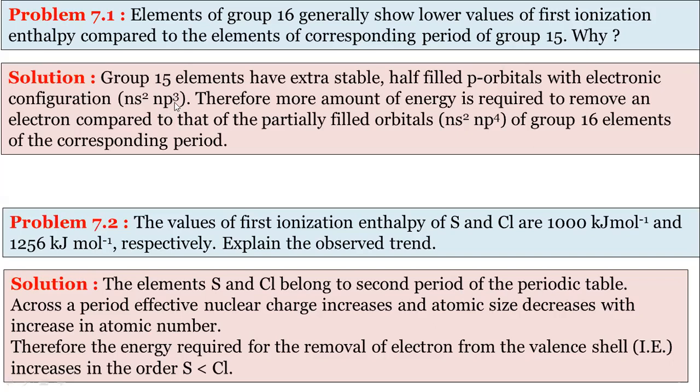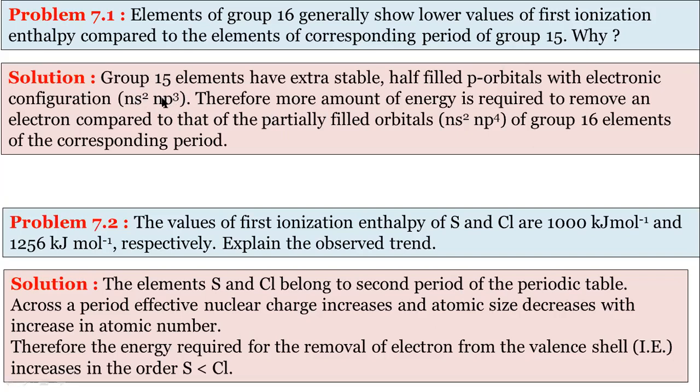So due to these half filled p orbitals, group 15 elements get extra stability. Group 15 elements are extra stable, and due to this, more energy is required to remove the electrons from this.